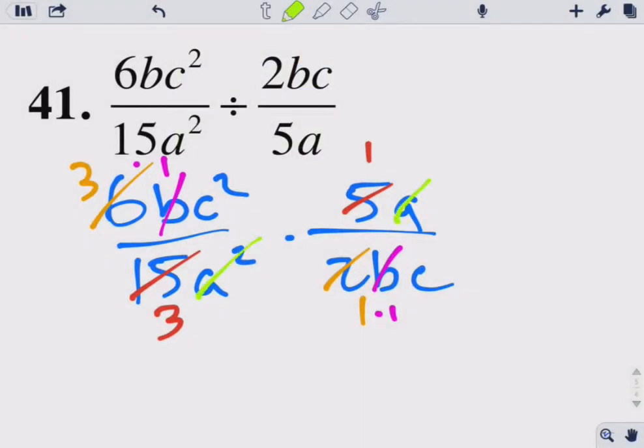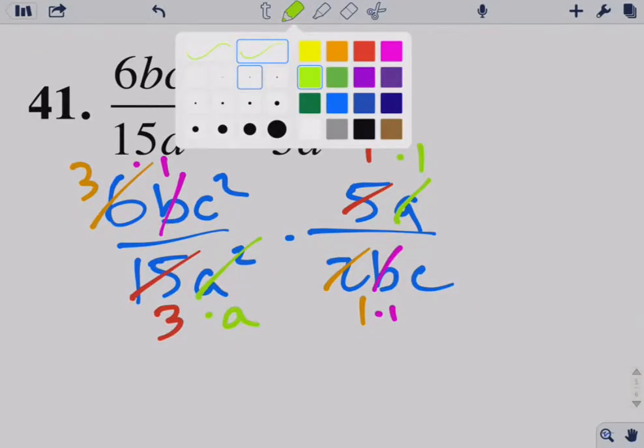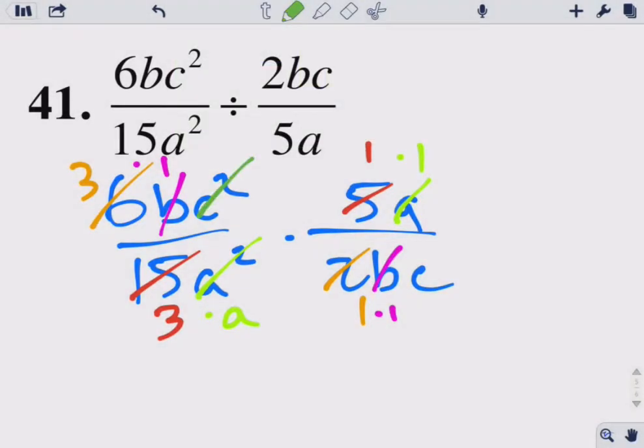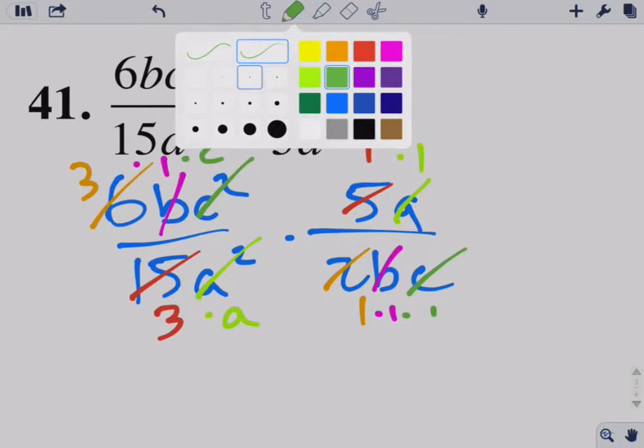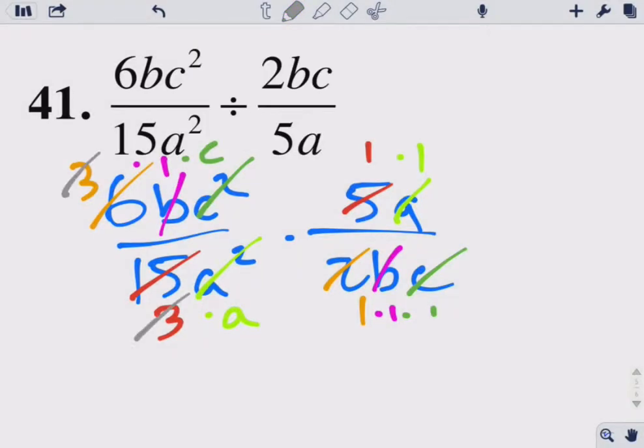A squared and an A gives me a 1 and an A. C squared and a C gives me a 1 and a C. And then the last bit, the 3 and the 3, it gives me a 1 and a 1.